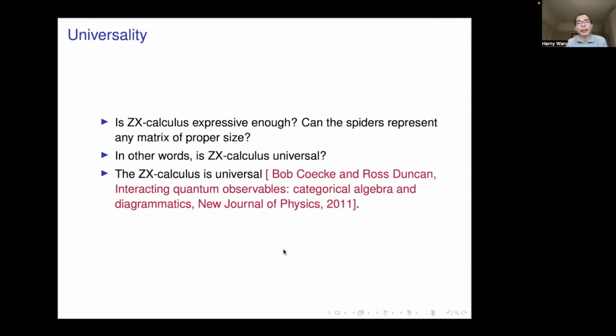But on the contrary, can I represent each matrix by a ZX diagram? If the answer is yes, this property is called universal. That means this language, ZX calculus, is universal. It is also proved in the same paper that the ZX calculus is universal. That means you can represent any matrix in ZX diagrams.